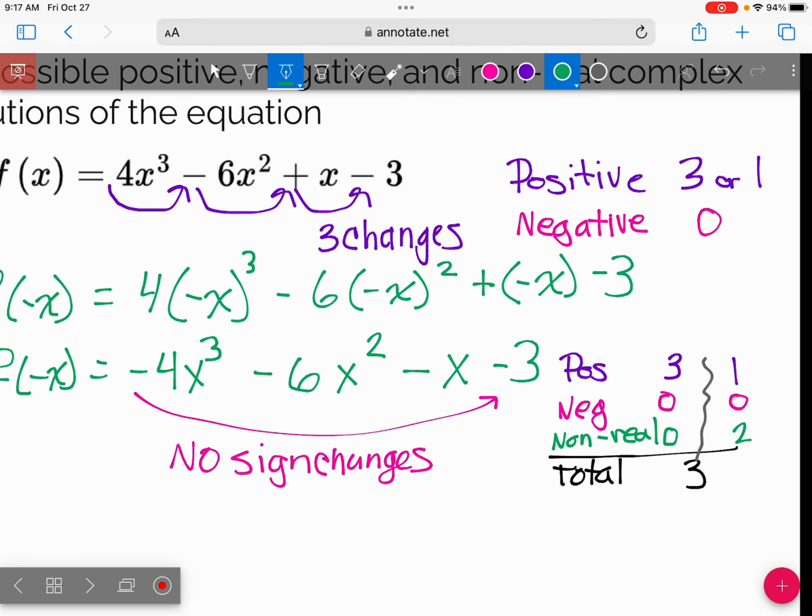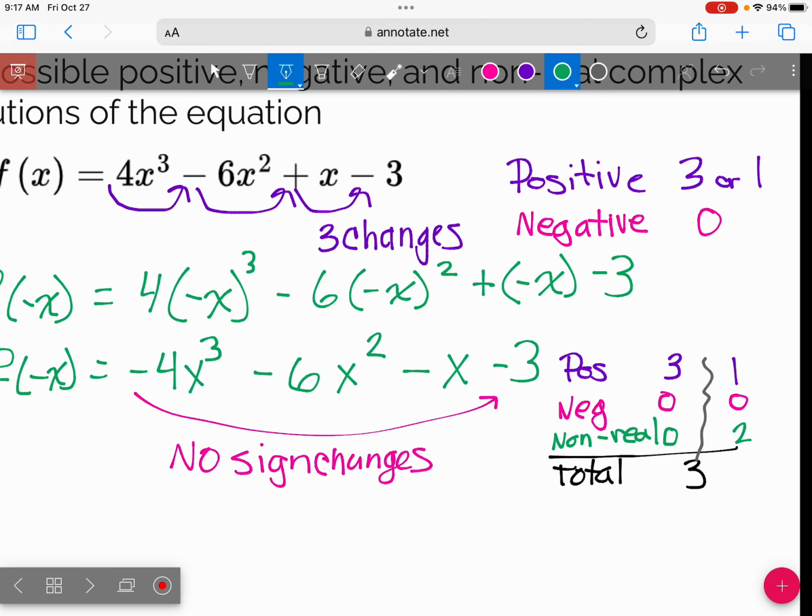Questions on that one? Because it's the first time we've gone through the whole thing. I'm not understanding the 3 or 1. Why is it 3 or 1? Because it's either however many changes it is, or it's less than that by an even number. So subtract 2. Count down by 2s. Why is it not 0 and 2?